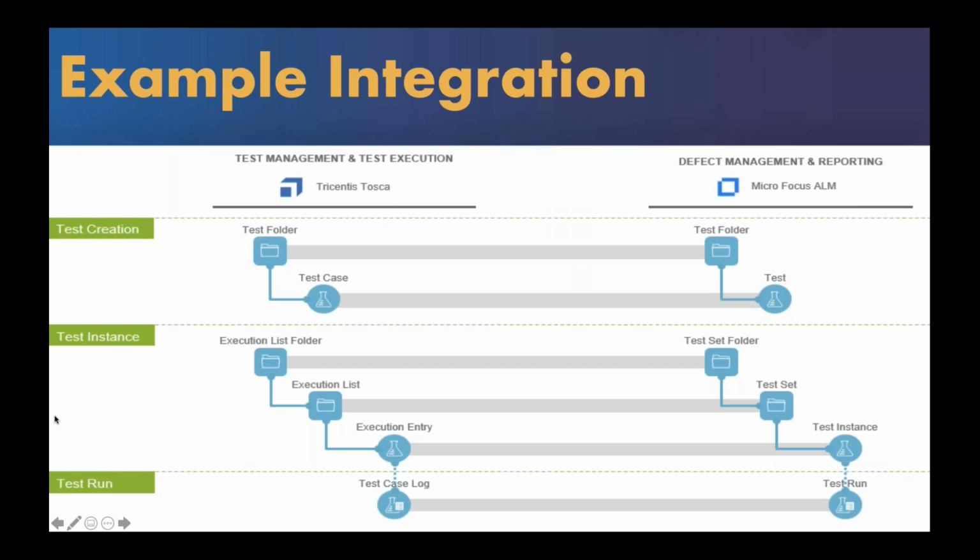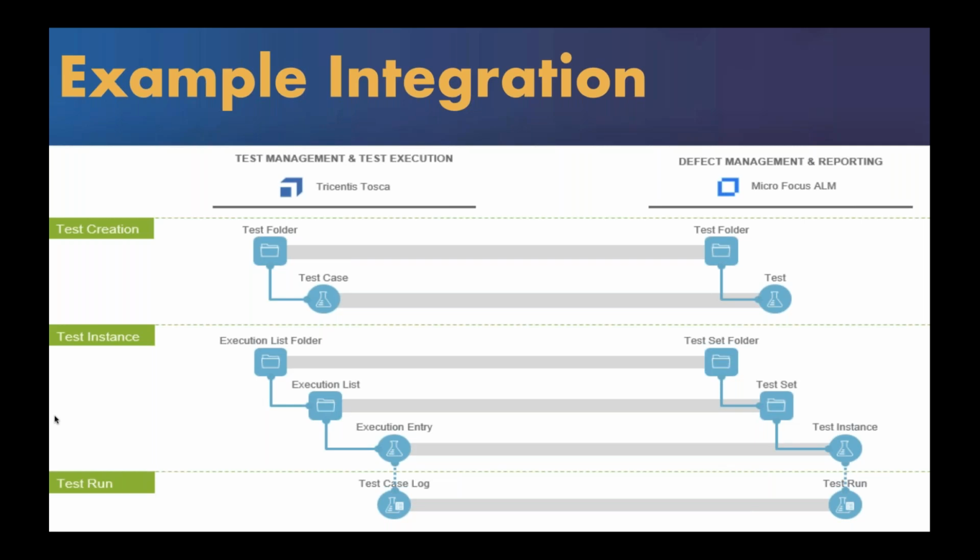Here I've used Tosca as an example, but you could use anything that has a similar structure to ALM. Like I said, we have Azure DevOps as well. You can synchronize between the two tools. So let's say you're building your test plan in ALM, and your test executions in Test Lab.